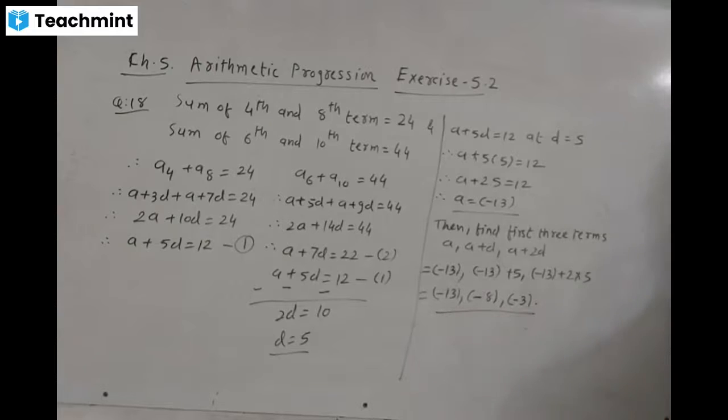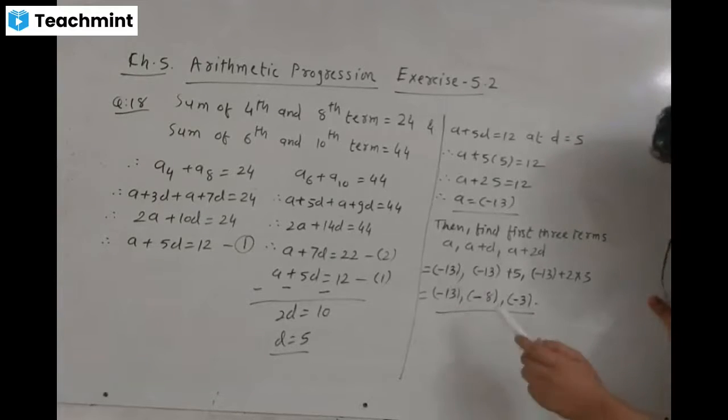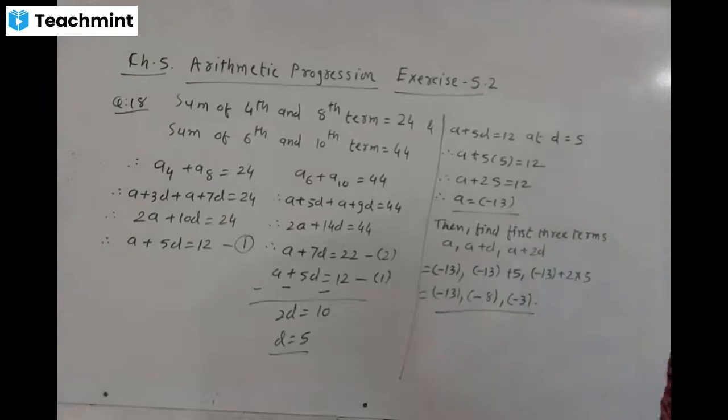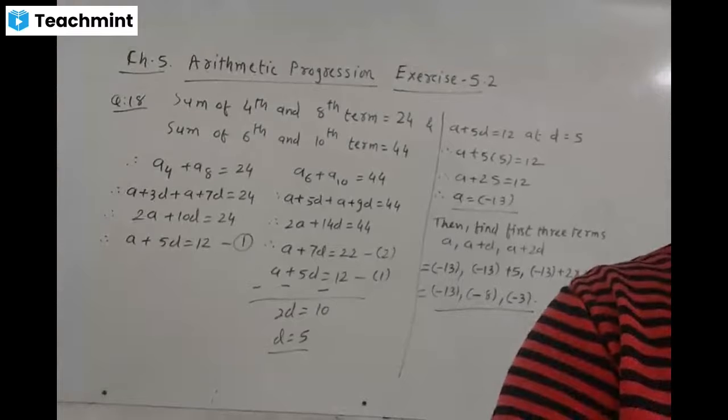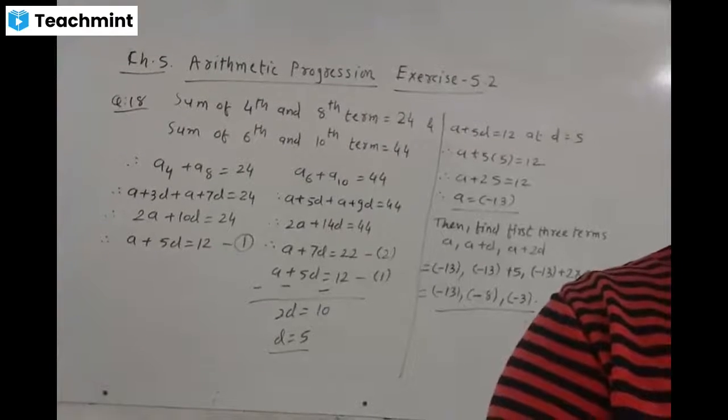Therefore the first three terms of the AP are negative 13, negative 8 and negative 3. So first we find the values of A and D, and then find the sequence.